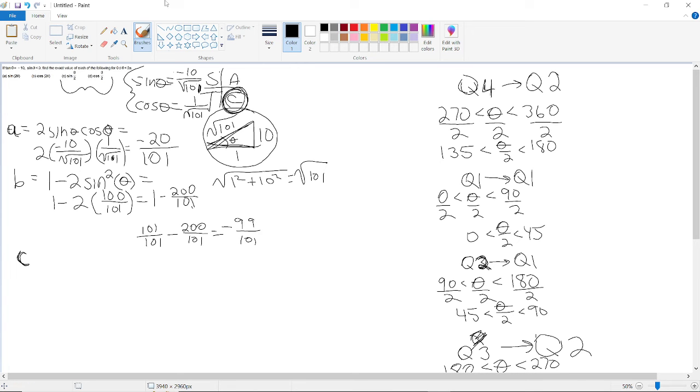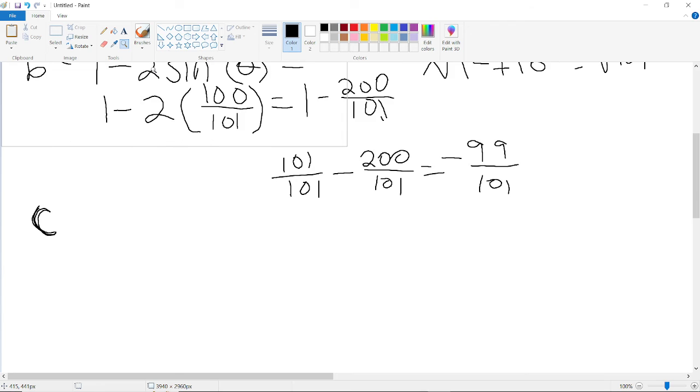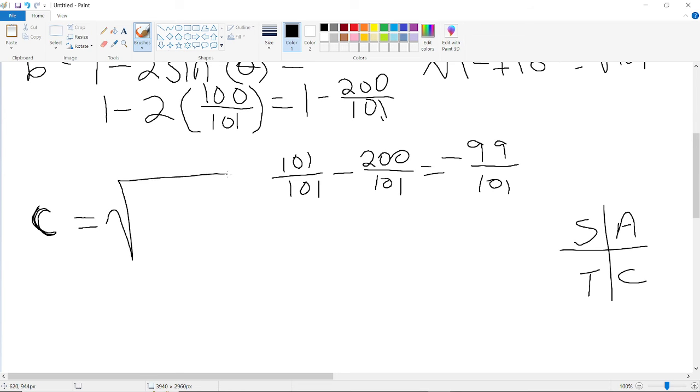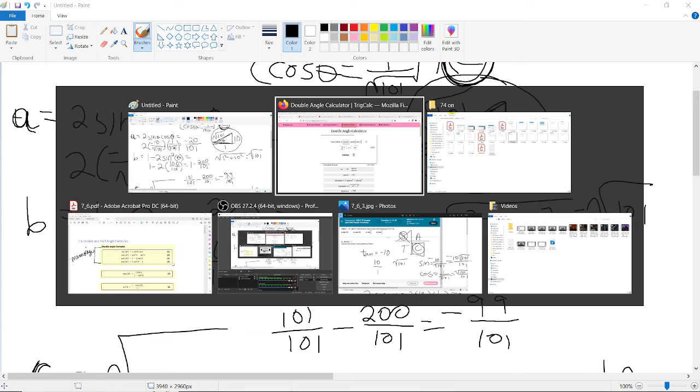So in quadrant 2, let me zoom in a little bit. The half angles are in quadrant 2, so sine is positive, so this is going to be the positive square root, and for the other one, cosine is going to be negative. But anyway, let's look at sine of theta over 2.